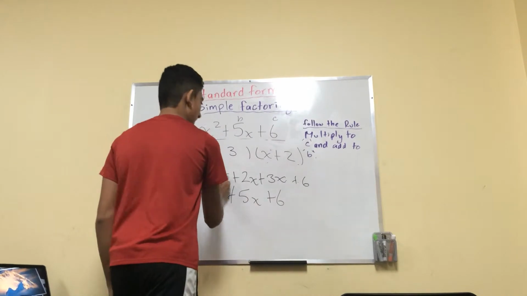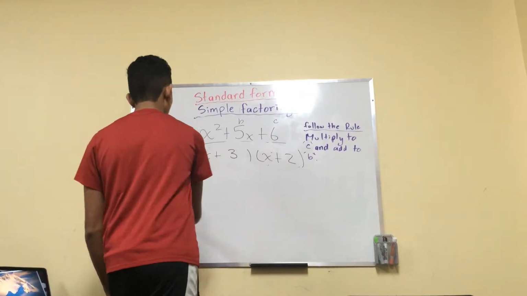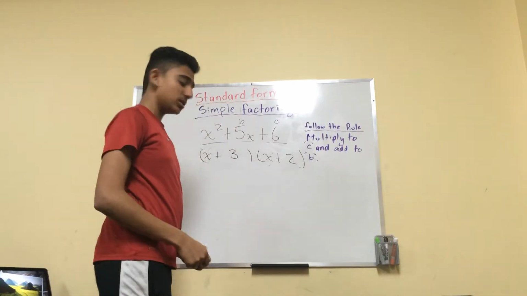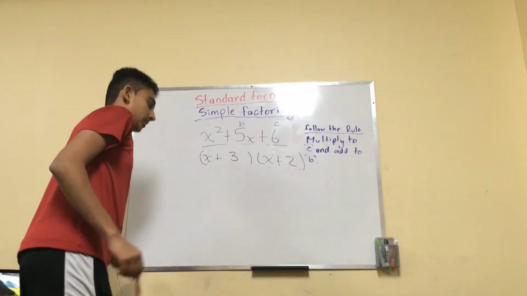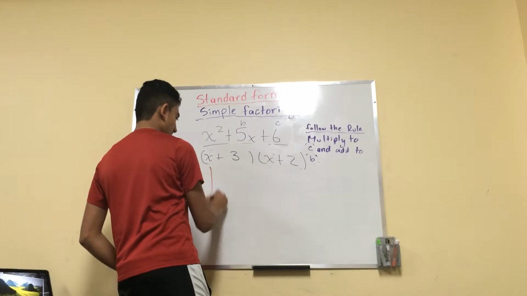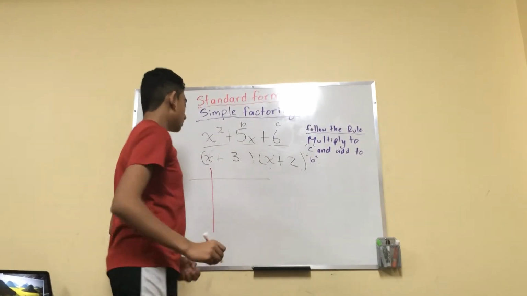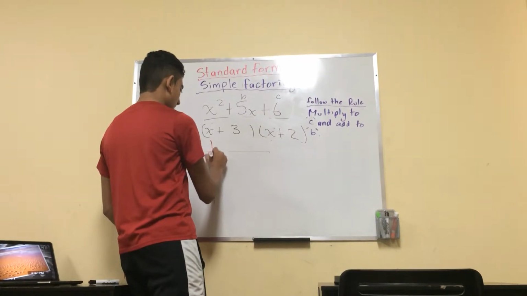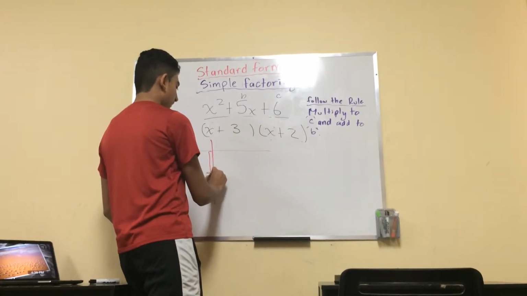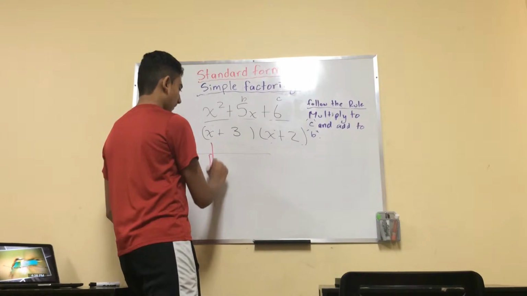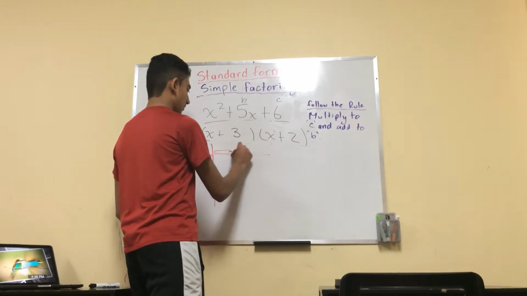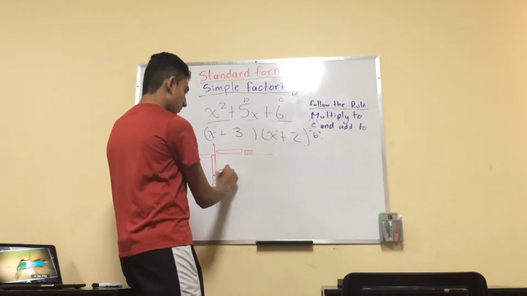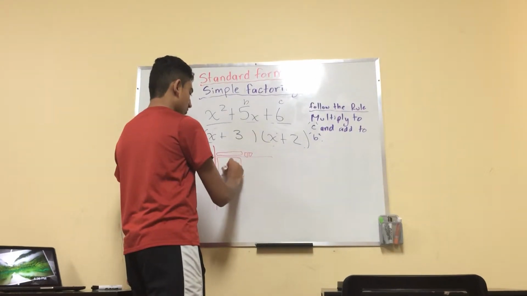Another way to check it is to use algebra tiles. Let's say we've taken x plus 3 and x plus 2. We can use algebra tiles to figure out if the answer is right. Now let's fill this out. One big square can come here, which is x squared.